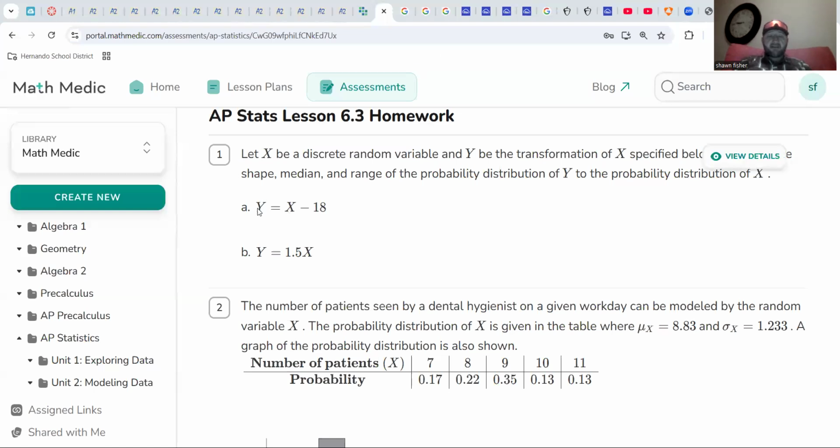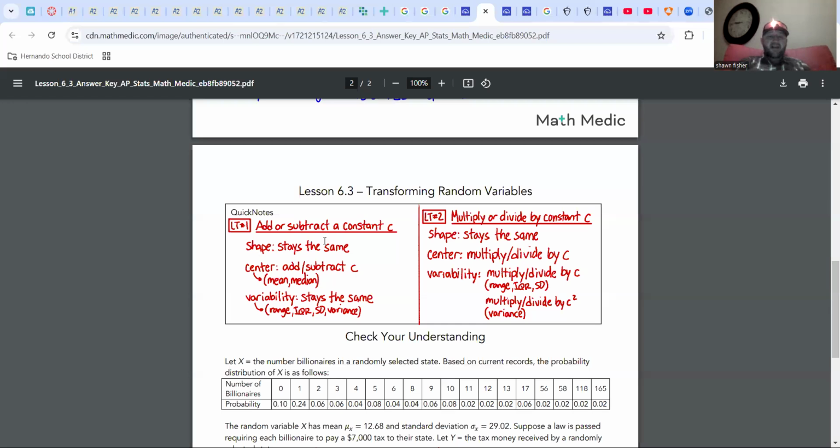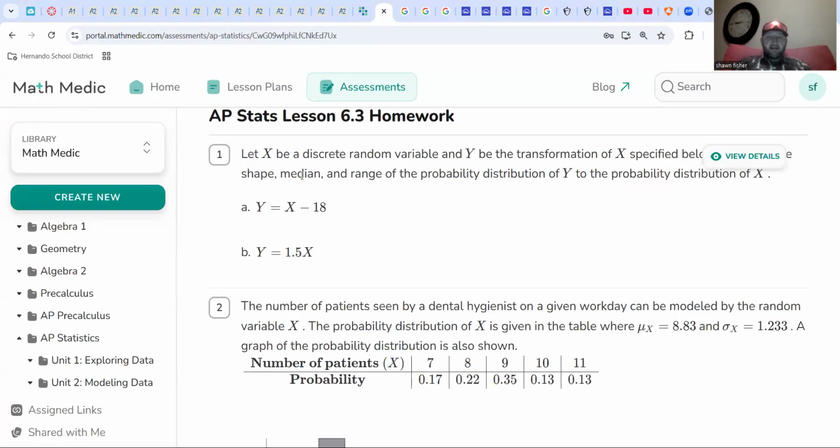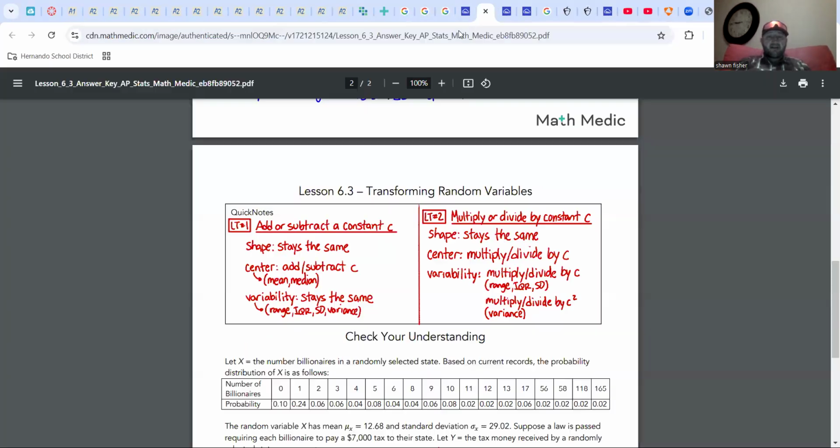It looks like here Y is going to be the result of random variable X being subtracted from 18, or 18 being subtracted from X. What happens to the shape? Look back at your notes. When we add or subtract, the shape stays the same. That's pretty easy. What about the median? Does the median change? Yes, it will not stay the same.